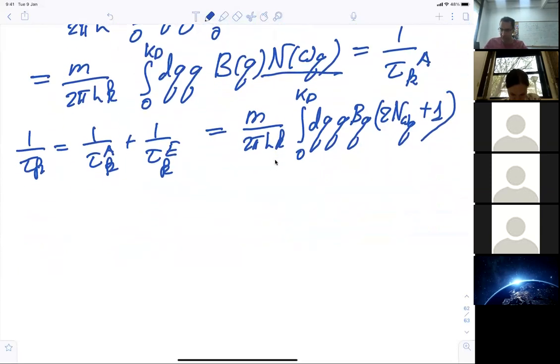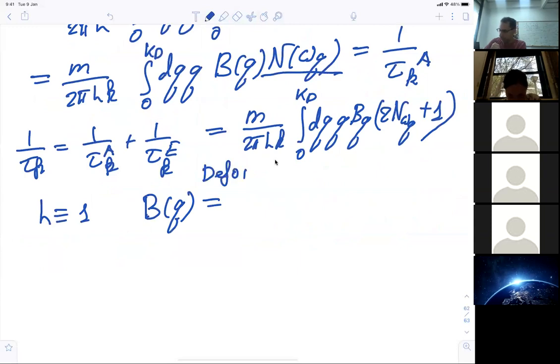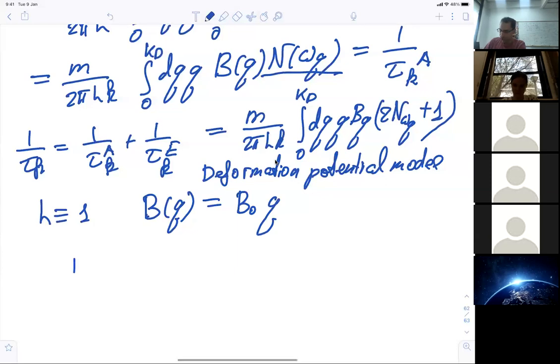So now let us set h to 1, and recalling that in the deformation potential model, b of q is proportional to q, where the coefficient of proportionality b0 can be expressed in terms of material parameters.